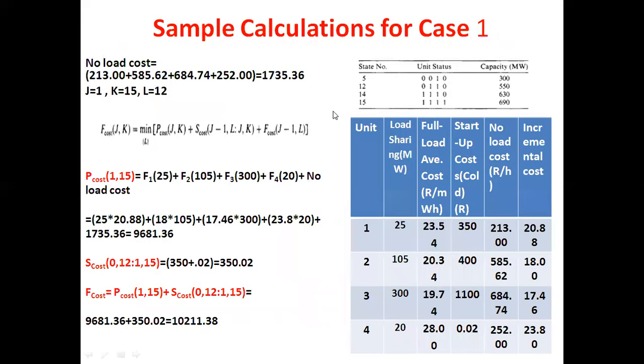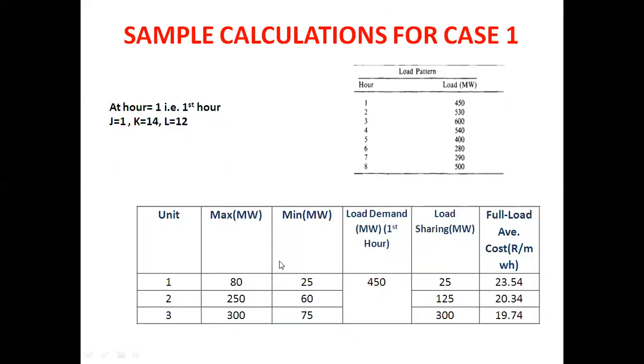K equal to 15 means 4 units are on, k equal to 14 means 1, 2 and 3 are in on condition. So 1, 2 and 3 will share the load for the first hour, that is 450.